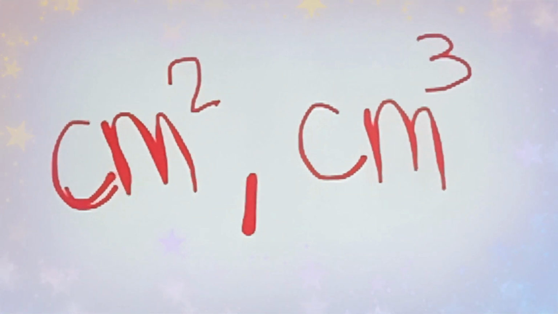Today we're going to learn about writing exponential numbers with integer exponents. We have learned in primary school that the possible units for area and volume are cm square for area and cm cube for volume, respectively.